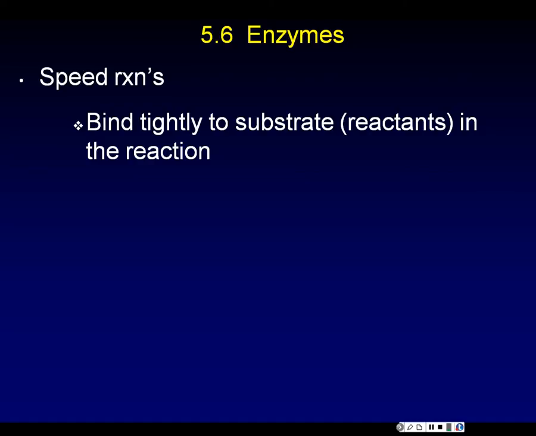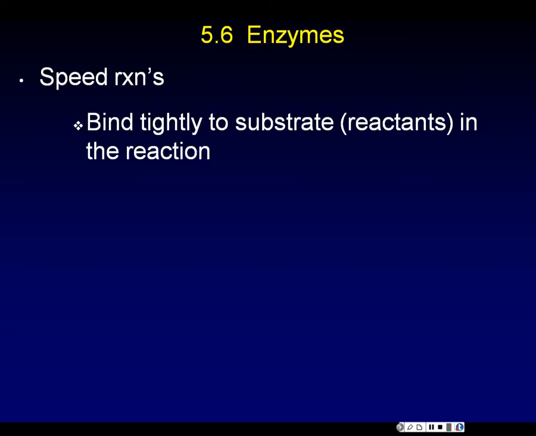All right, so it says enzymes bind tightly to their substrate. We know the substrates are generally what's on the front side of the reaction. So if we were looking at cell respiration, for example, we know the formula for glucose is C6H12O6 plus oxygen. It says the enzyme is going to bind to who? The substrate. Mainly this guy. This guy's going to be used, but this guy's the one we're talking about.